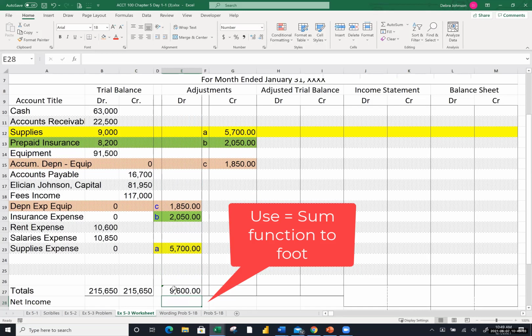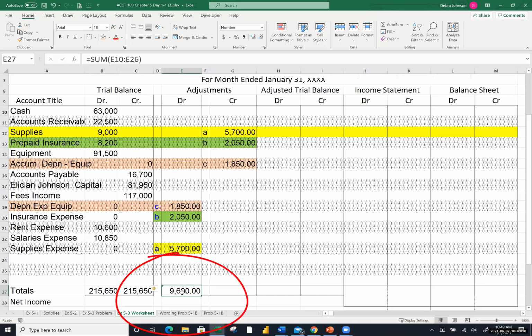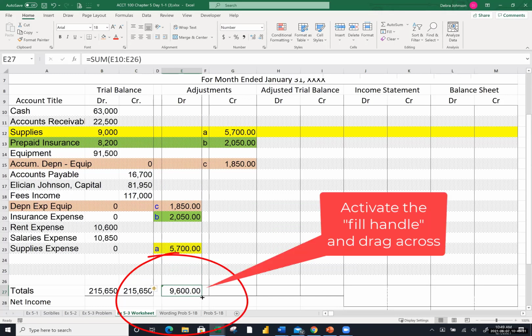I got 9,600. So if you miss that, I'll do it one more time. Equals SUM. Open the parentheses and highlight from the top to the bottom or the bottom to the top, whichever you prefer. And press enter. And then once you have that in there, we can use this little fill handle in the right-hand corner. That's called a fill handle.